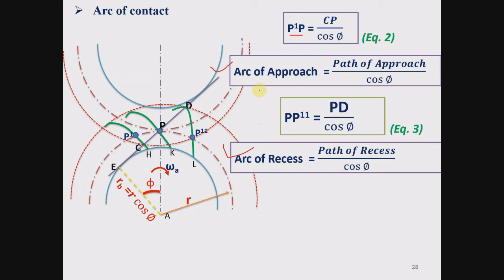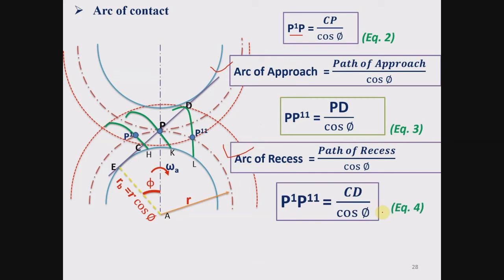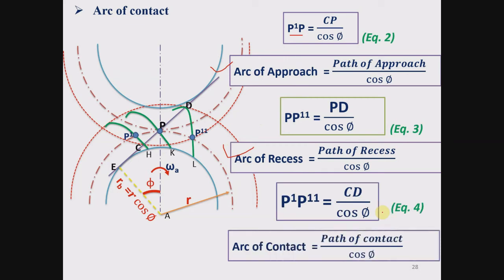And finally, after combining the arc of approach and arc of recess, we get arc of contact, which is equal to path of approach plus path of recess, that is path of contact divided by cos of phi. So make sure that you have written all these three equations.